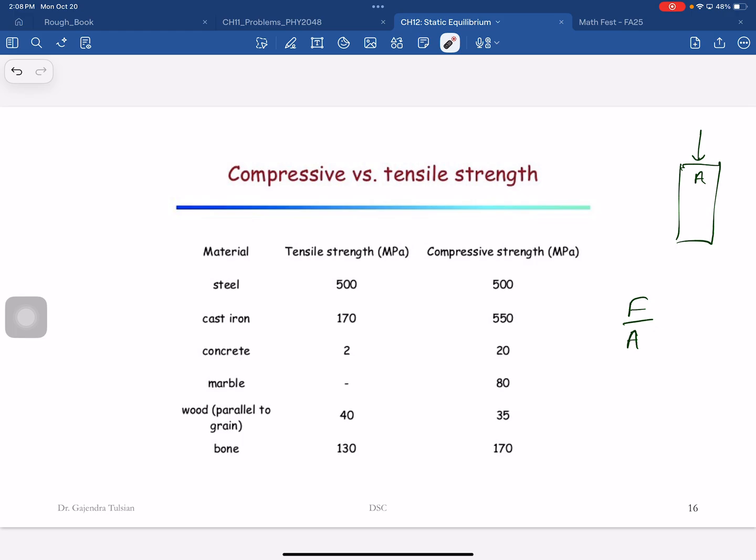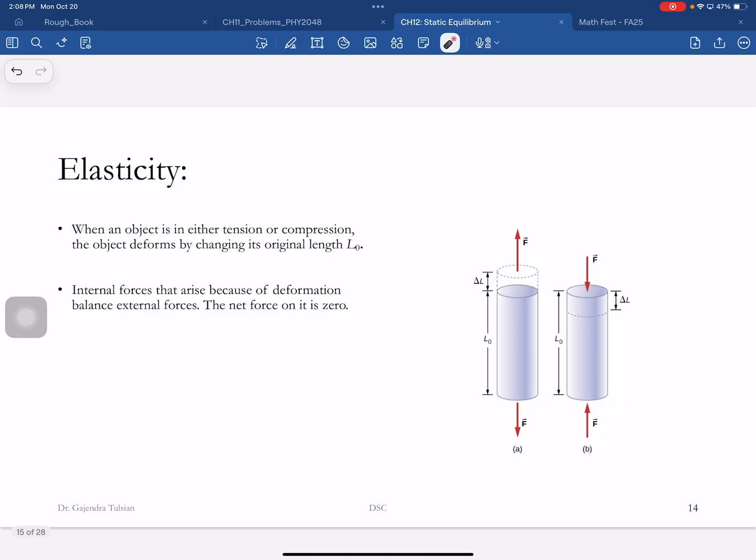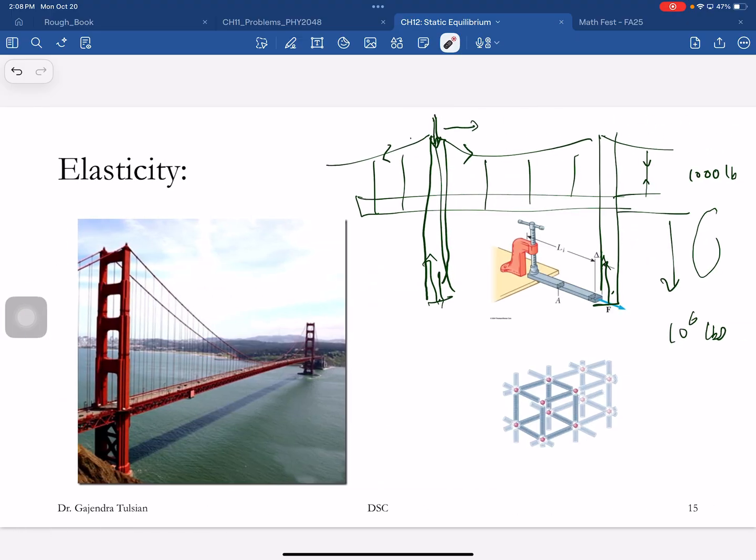Okay. For bone, it's about 50% stronger under compression. Okay. So cast iron, which is what you use in structures, it's about 3 times stronger. Okay. All right, do you guys understand that? Any questions on that?